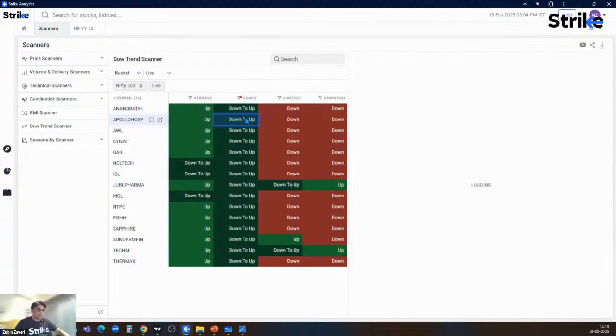Apollo Hospital. This way, if we are looking at scanners, we should not be over dependent on them, because a scanner is nothing but computerized. Trading is an art, where the science meets your artisticness.